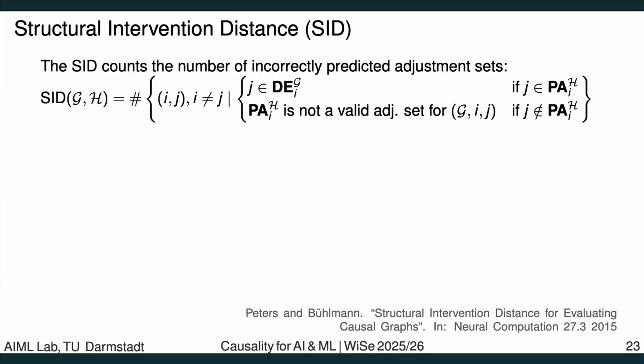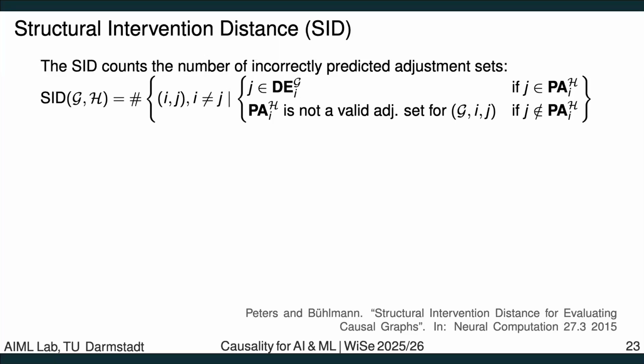And then, as I said, doing this in code is a bit more intricate and complex. But basically, what this boils down to, and there are two different definitions which are equivalent, but I find this one easier to understand: it really counts the number of incorrectly predicted adjustment sets. So this is why, as we said before, it looks at all the causal queries, but it does not apply the do-calculus every time.